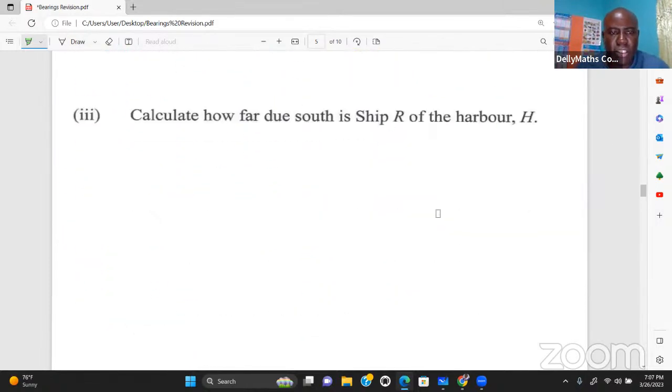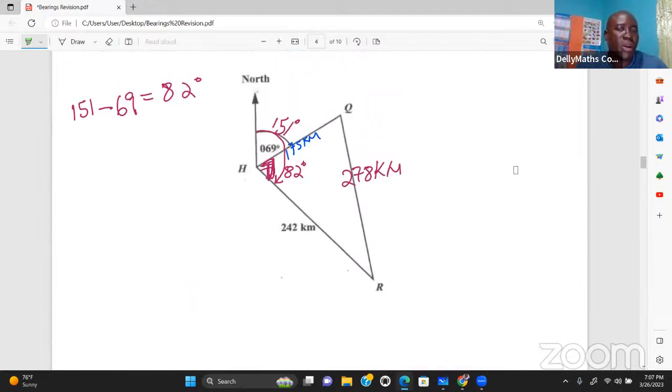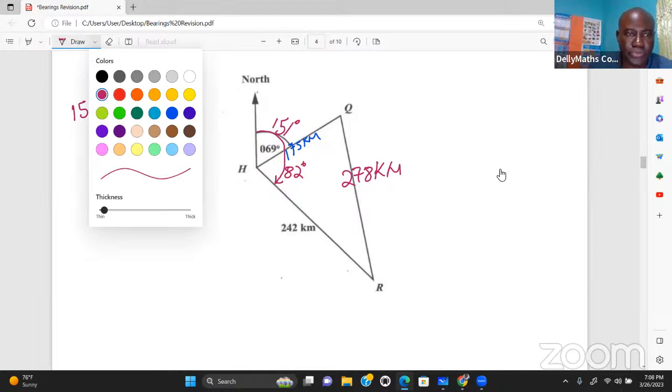All right, so let us continue working. How far due south is ship R of the harbor H? All right, let's go to the original diagram to talk about this. How far south? Now, whenever you get questions and they're talking about east, west, and so on, when they said how far south, then what we're going to end up getting is a right angle triangle because it is suggesting to us that we need to come down.